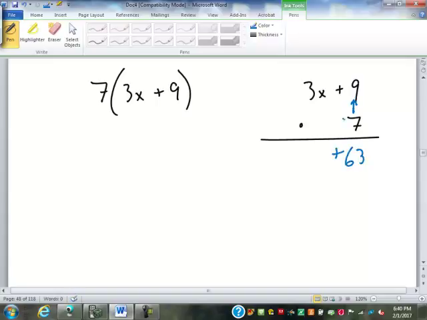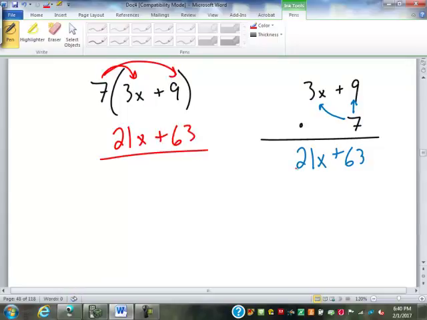Yep. 7 times 3x is 21x. Now, if you were using the distributing shortcut, yes, you're right. It would have been 7 times 3x is 21x. 7 times 9 is positive 63. It's the same result. This is just going a little bit backwards to shorten it up is all.